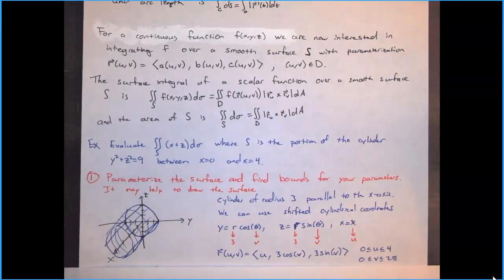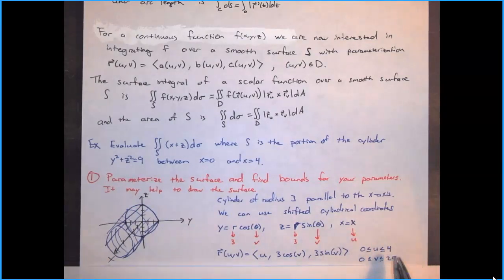Now, here's the perfect time to talk about the difference between S and D. In this problem, S is this cylinder. That's the surface we want to integrate over. D is the domain where the parameters take values, so it's these values over here. If I were to draw D, I couldn't draw D over here. There are no u's and v's here. It's a different space. It's a parameter space.